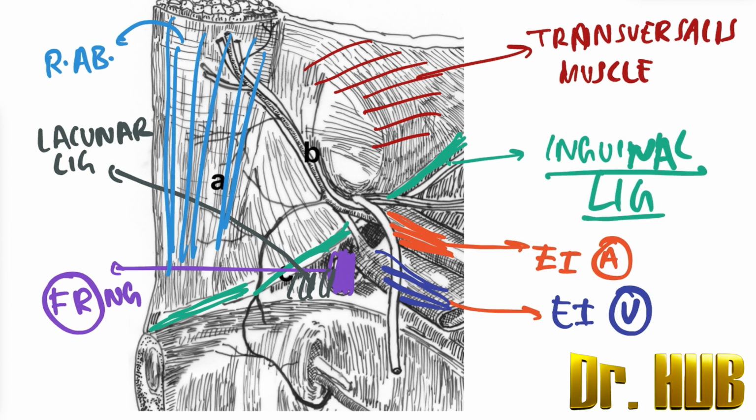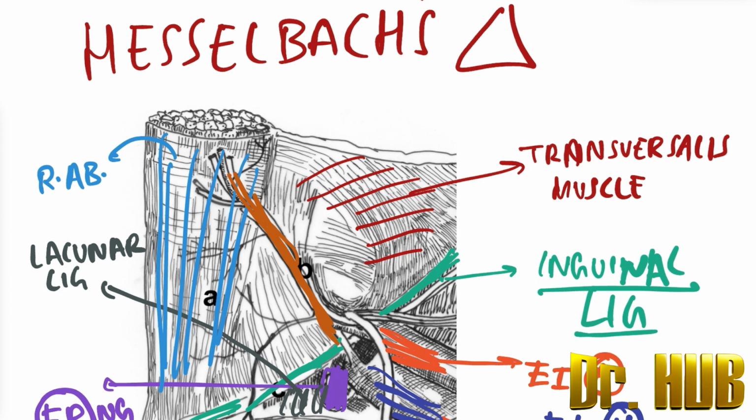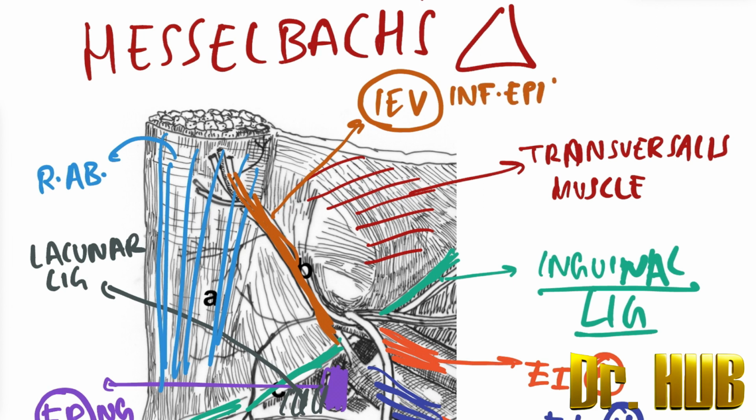We are writing it as RAB, and there are some vessels which are projected here. These vessels are the inferior epigastric vessels. So let's write it down, inferior epigastric vessels.